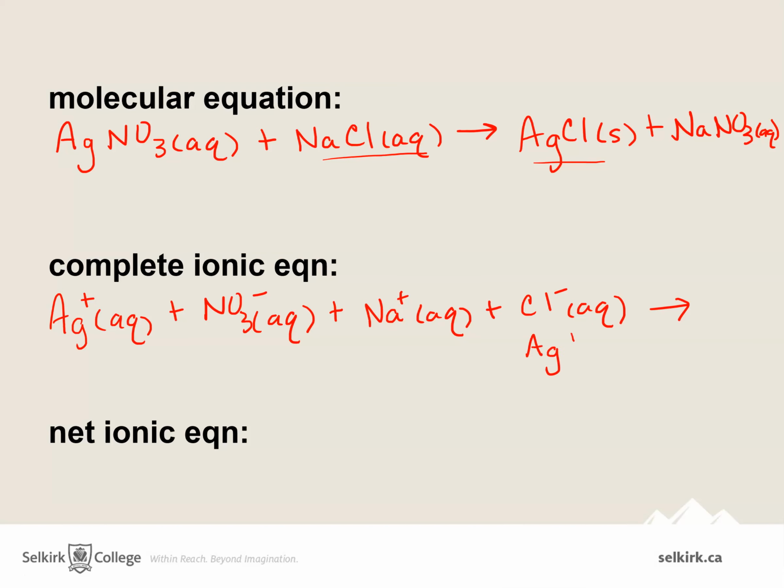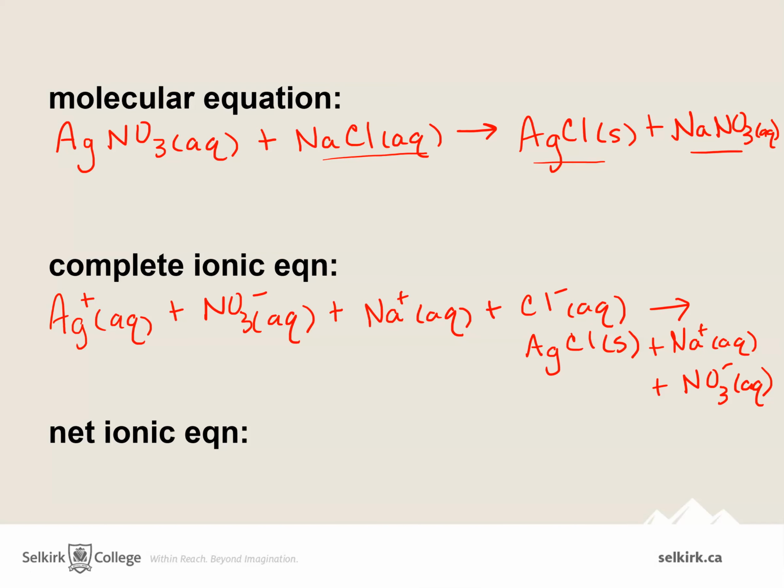It's sitting as a lump in the bottom of the beaker. You leave that stuck together because it's a solid. And finally, sodium nitrate aqueous, ionic compound dissolved in water, aqueous. That gives me the ions in solution. So that's the complete ionic equation. That shows all the ions as they actually are in the beaker.